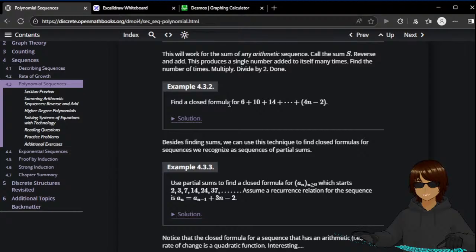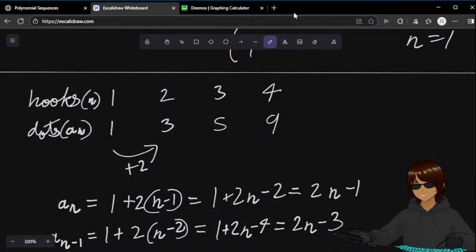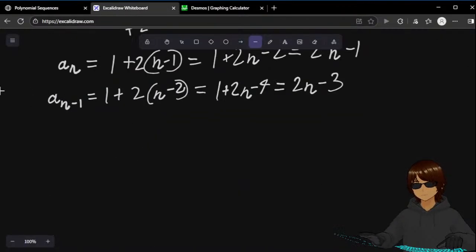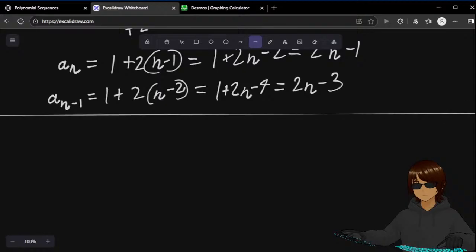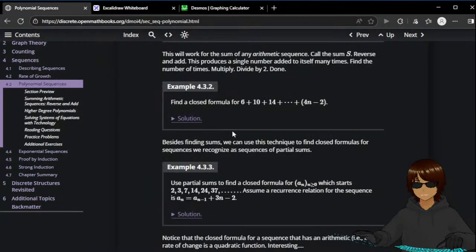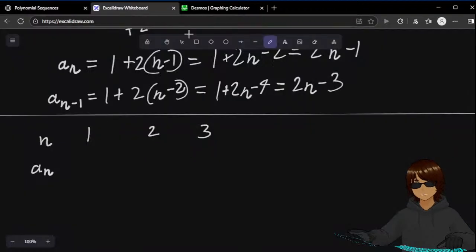Find a closed formula. We have plus 4 plus 4. Hold on, we already have a formula, right?